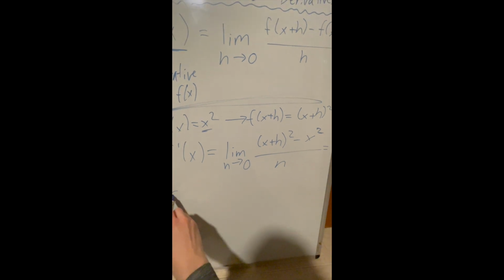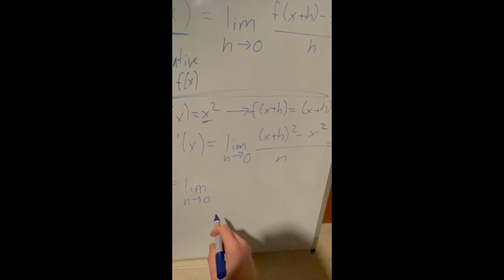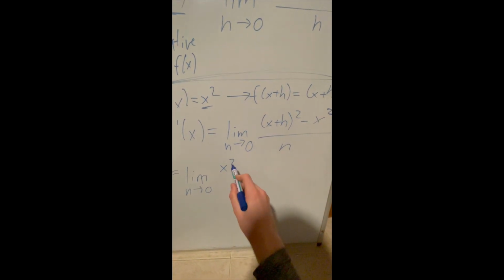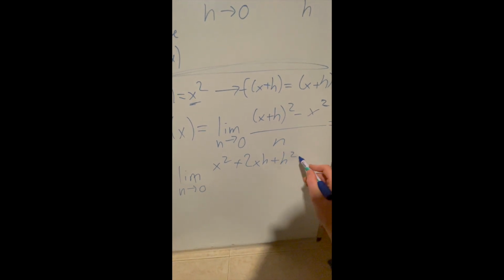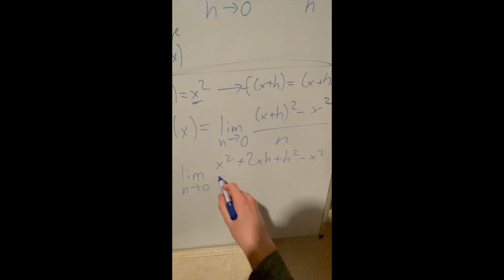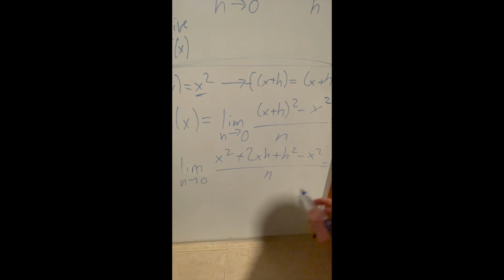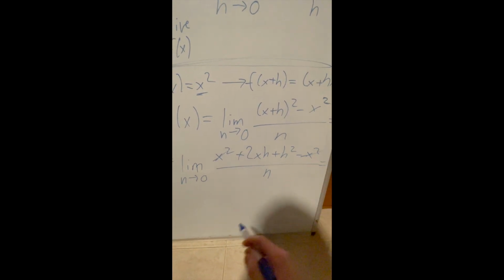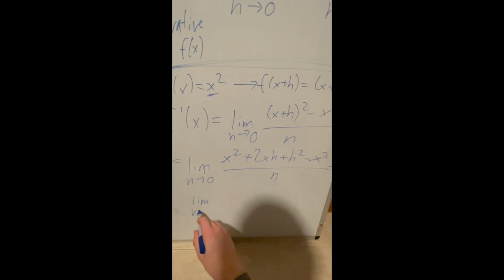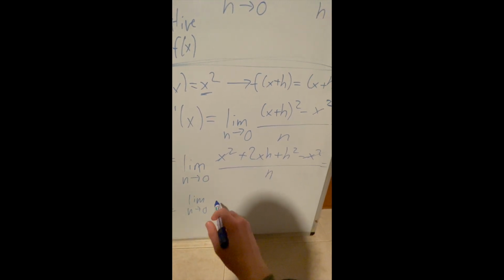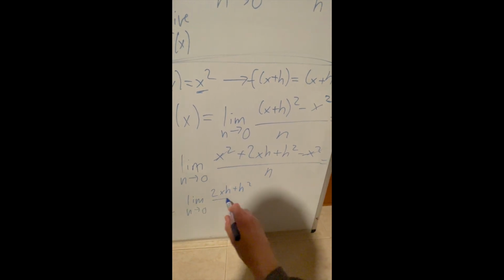This is equal to the limit of h approaching 0 of x squared plus 2xh plus h squared minus x squared, over h. We cancel this x squared with this x squared, which is finally equal to the limit of h approaching 0 of 2xh plus h squared over h.